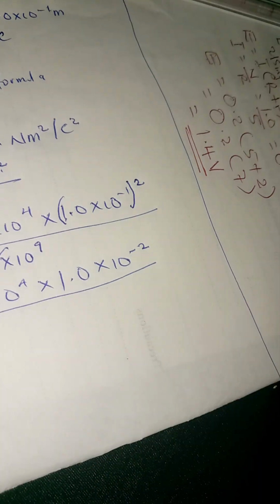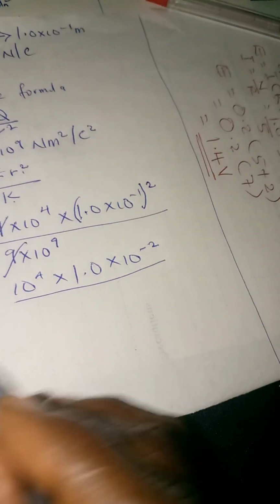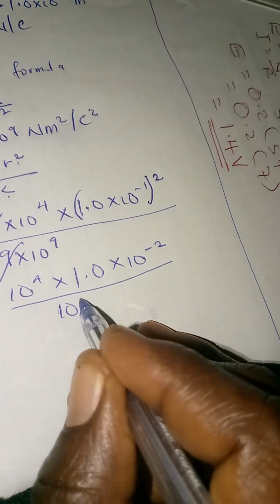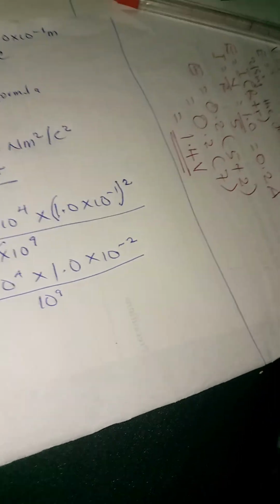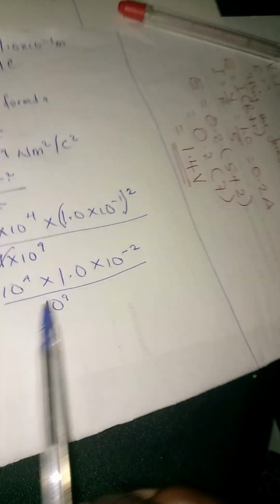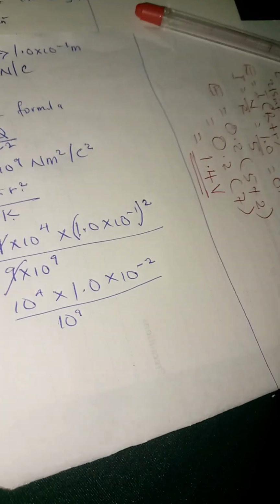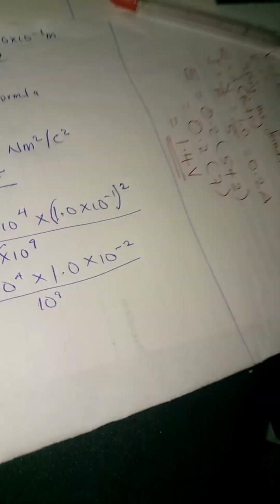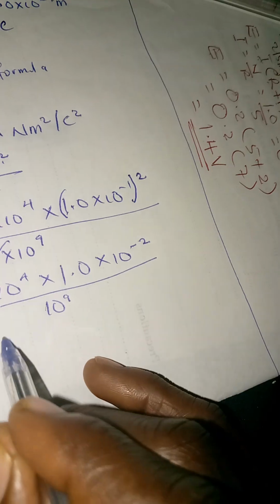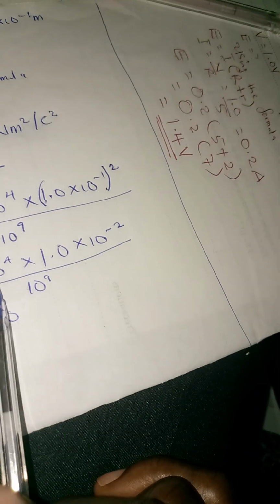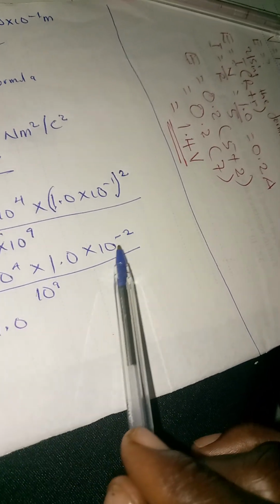I'm breaking this down for you to get me well. Now I have my 1.0, I have 10 raised to power 4 here and 10 raised to power minus 2 here.